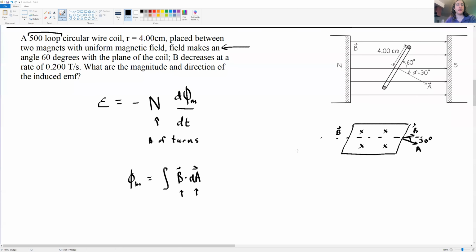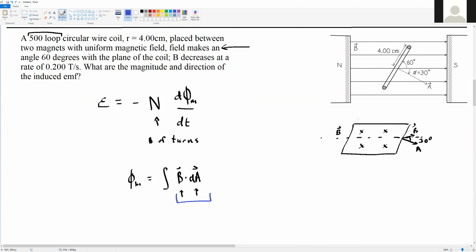Yeah, exactly. Do the flux first and then take its derivative. Okay, since there's an angle, is that part of the B? Let me share a screen here. That's part of this guy right here, the dot product.